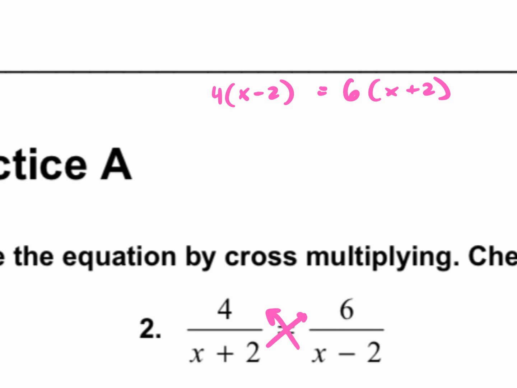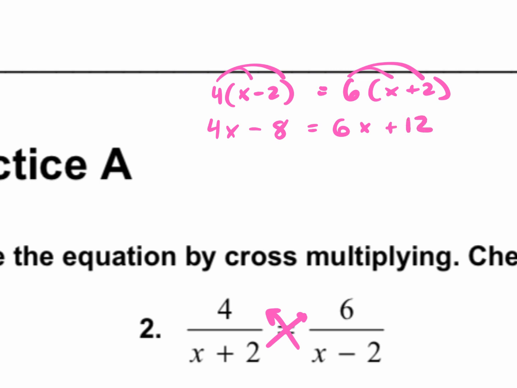The bottom of one gets multiplied to the top of the other, and the bottom of the other gets multiplied to the top of the first. What would I do next to solve for x? Distribute. So here we just solve for x like we normally would. Got to distribute, so I have 4x minus 8 is equal to 6x plus 12.